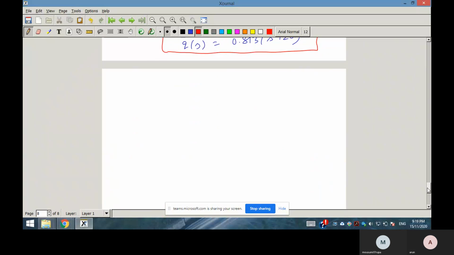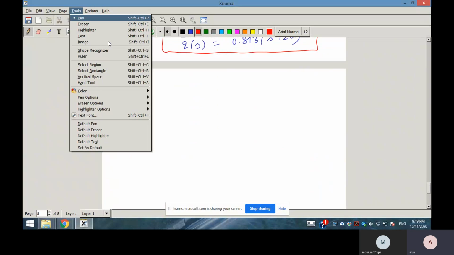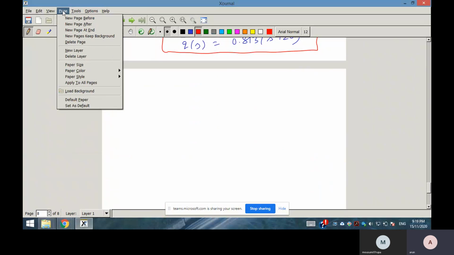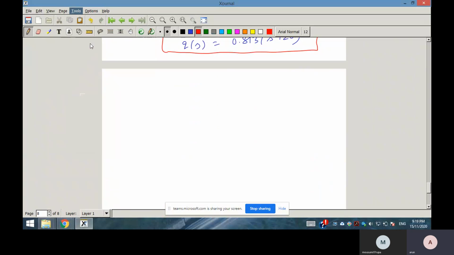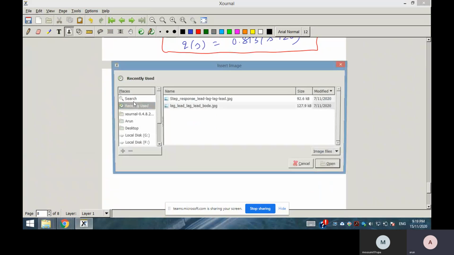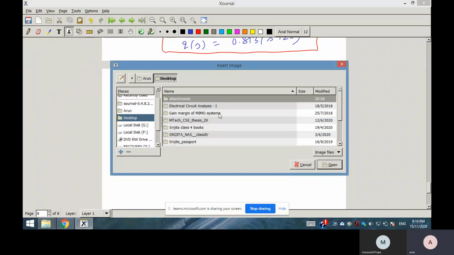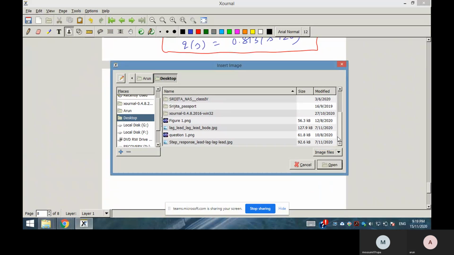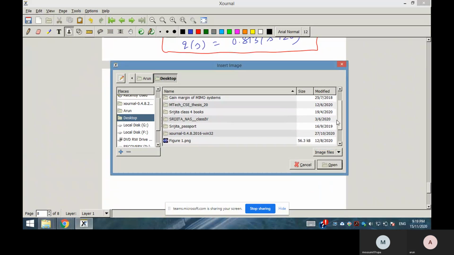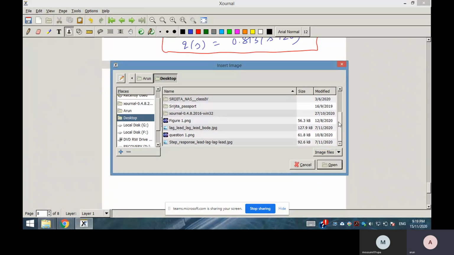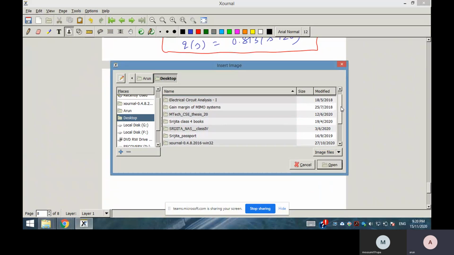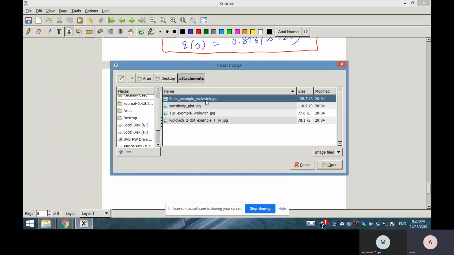So first I will attach an image. And then desktop, then where will I go? Where is the attachment? Yes, this is the attachment.